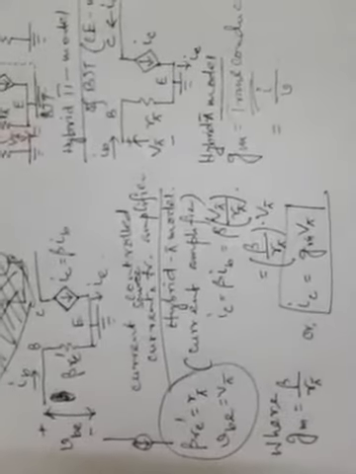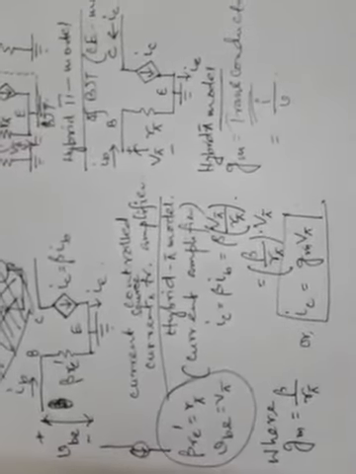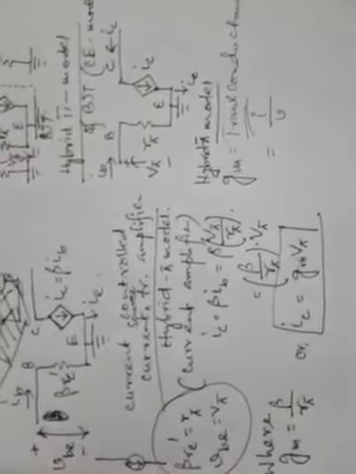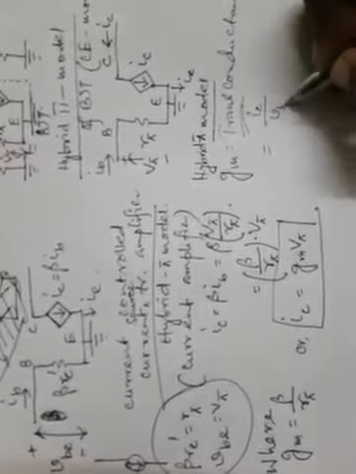So I once again repeat, the trans quantities are the ratio of voltages and currents where one quantity represents the output side and the other represents the input side, and then the trans term comes. So here it is the trans quantity, output side current I and input side voltage V. For a common emitter amplifier, you know the output side current is IC and the input side voltage is VBE.